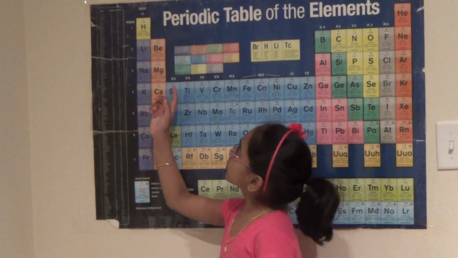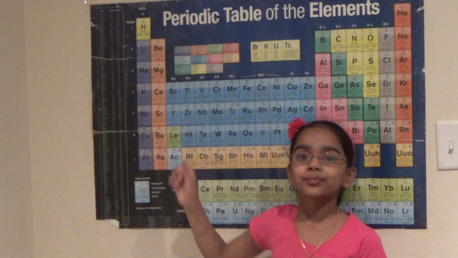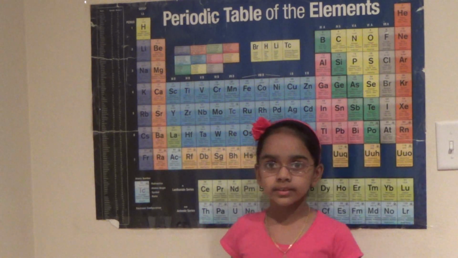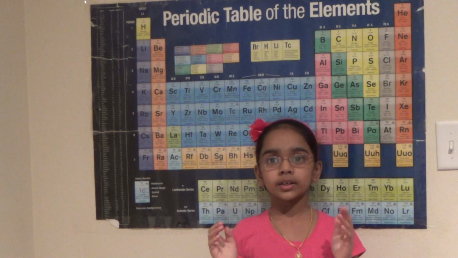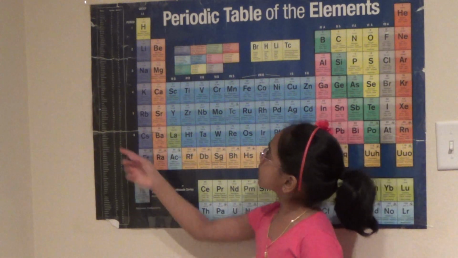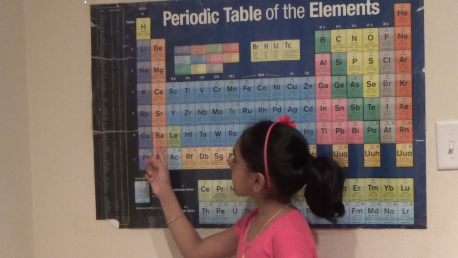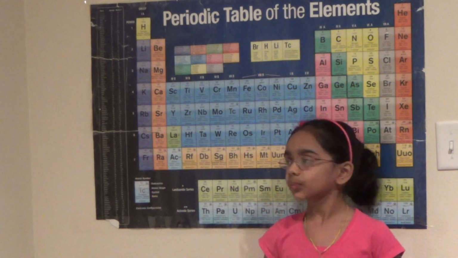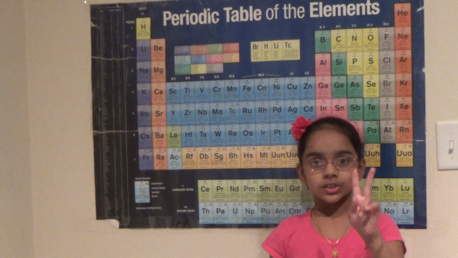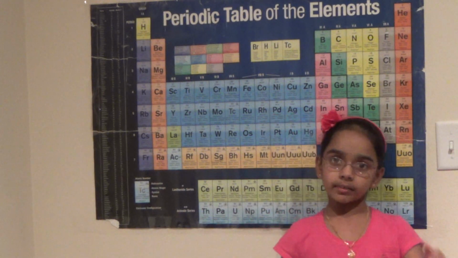Now let's go to its neighbor, group 2A. This group is also called alkaline earth metals. Let's go over this one: beryllium, magnesium, calcium, strontium, barium, and radium. These all have 2 electrons in their outer valence shell.